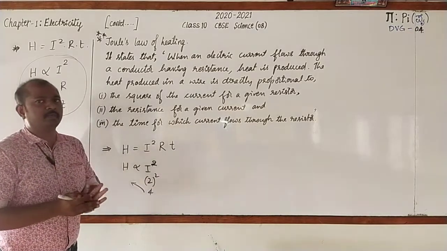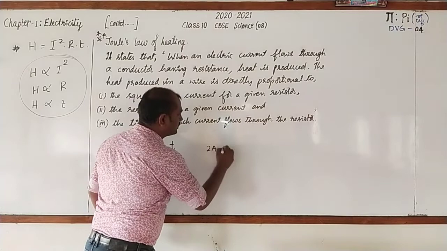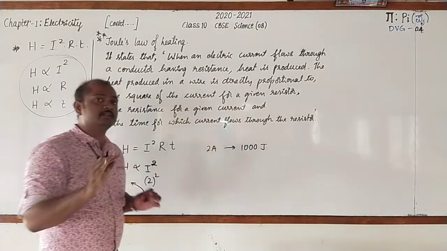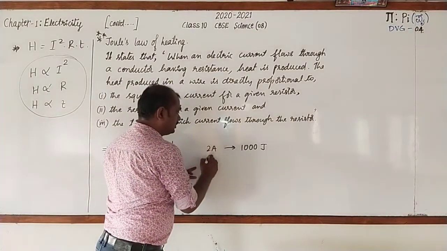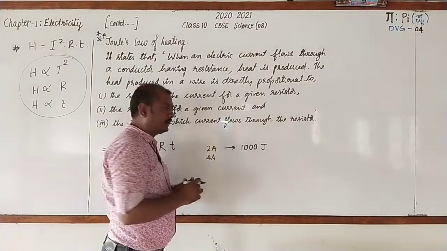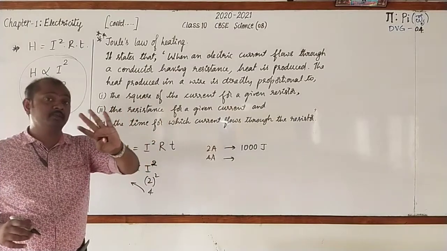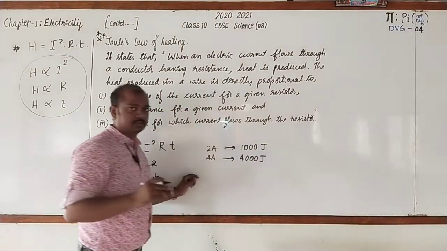Clear? For example, for just 2 amps of electric current, assume that 1000 joules of heat energy is released. When it is doubled, 2 amps means 4 amps, the amount of heat energy produced will increase by 4 times. 1000 becomes 4000 joules.